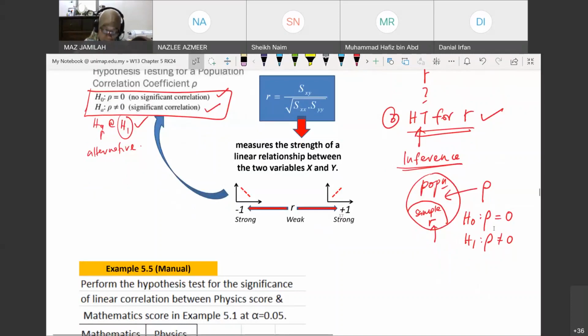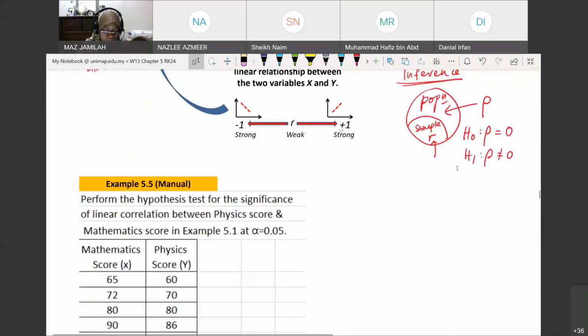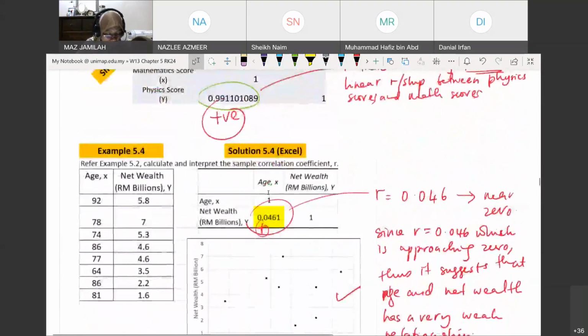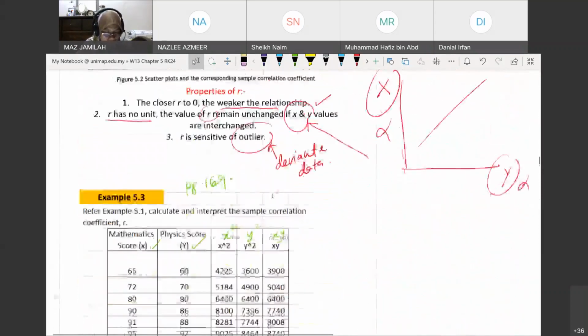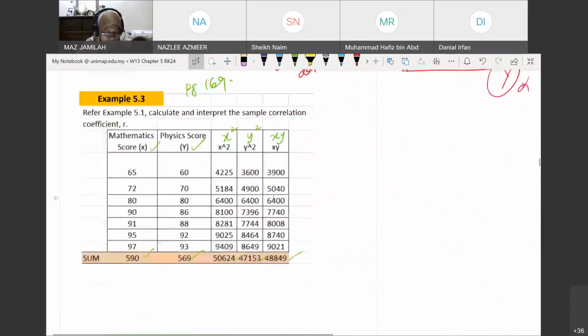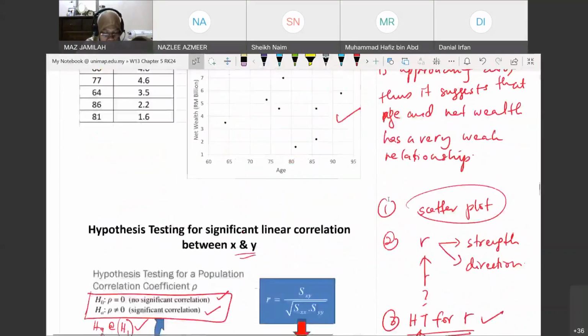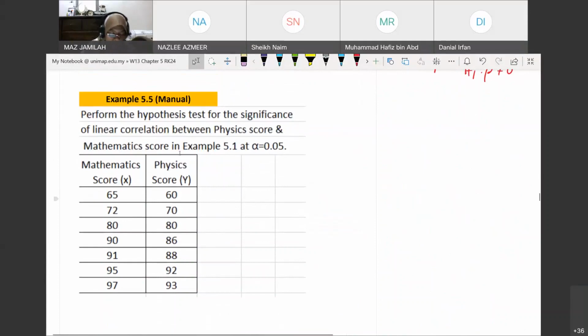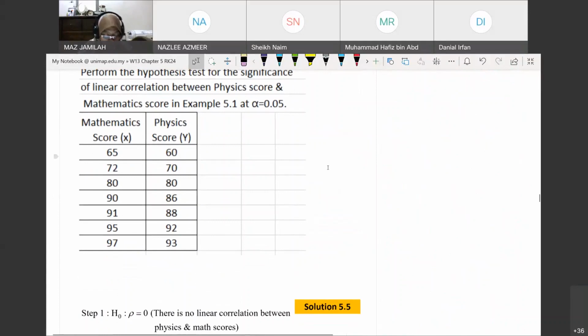Now, we need to test whether rho is equal to 0 or not equal to 0 based on our sample data. Let's say we perform our hypothesis testing for example 5.3 just now, with regard to your mathematics score and physics score. Now, we have our data. You need to perform the hypothesis test for the significance of linear correlation between physics score and mathematics score using alpha 0.05. So how do we do that?